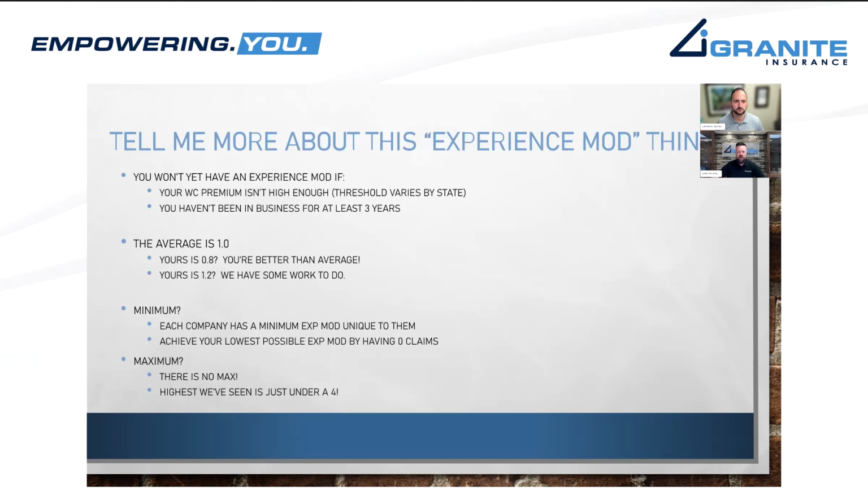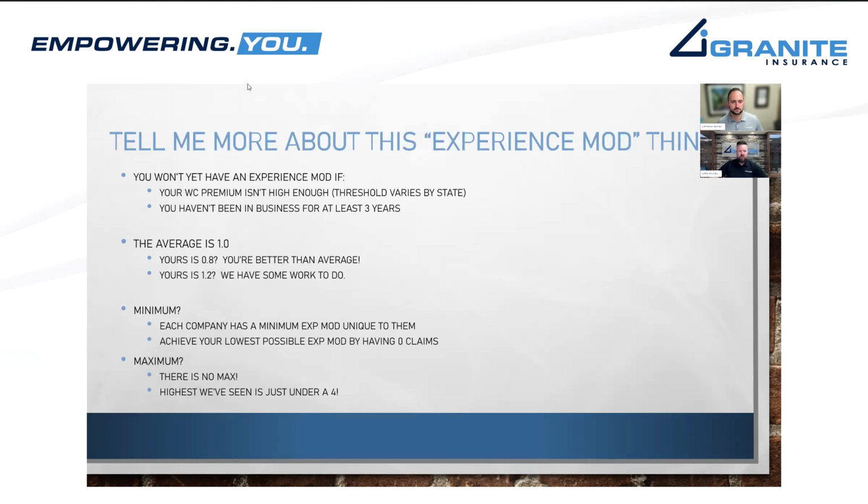So you have to have spent at least $5,000 on workers' compensation premium, and you have to have done that for the last 3 years. 3 years of history is what is involved in the calculation of the experience mod. The second point here, we said that the average is a 1.0. So if you do what you're expected to do, you're going to have a 1.0. And if you do better, you're going to get a credit. And if you do worse, you get a debit.